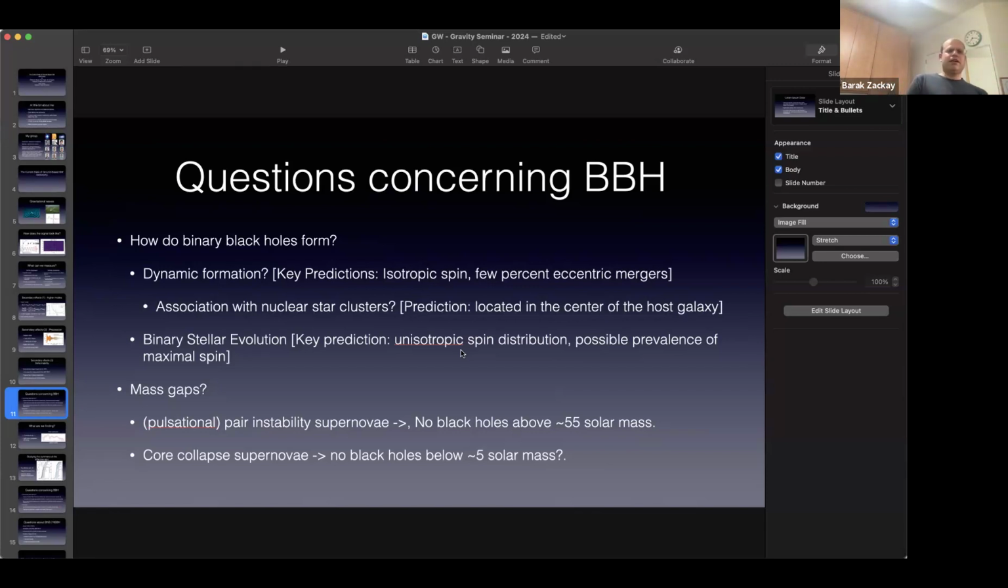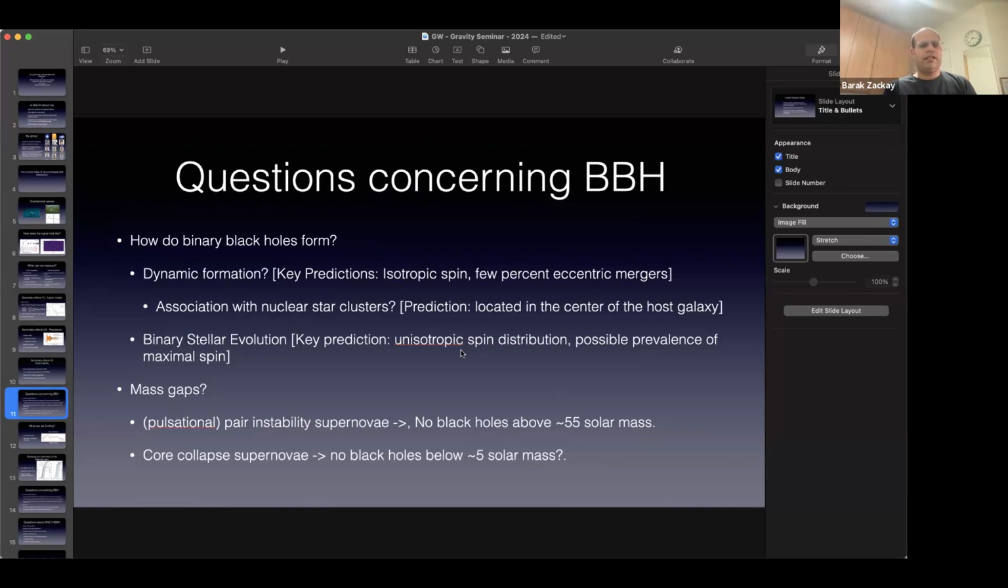And there were in the past some questions with respect to the maximum and minimum mass of a stellar mass black hole. If you asked 5 years ago in the community what the maximum mass of a stellar mass black hole is, people would recite either 45 or 55 solar masses because of the mechanism of pair instability supernova. There was a key prediction that no component of these binary black hole systems could be more than 55 solar masses, and if it's already more than 55, it should go all the way to 200, because maybe over there it's allowed.